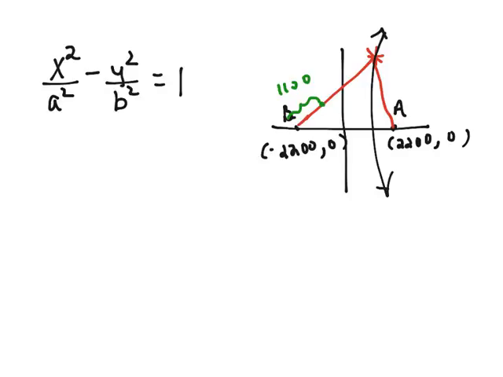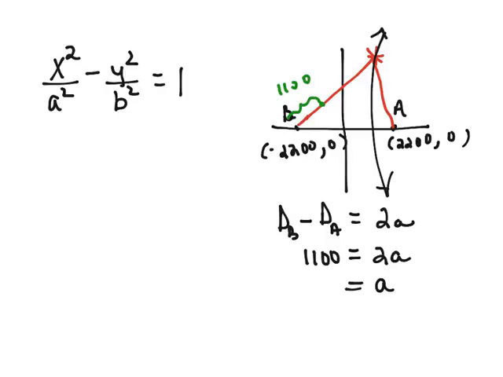And then we also know that if we took the distance from B minus the distance from A, that would equal 2a. And we know that this distance is equal to 1100 from the scenario we set up.